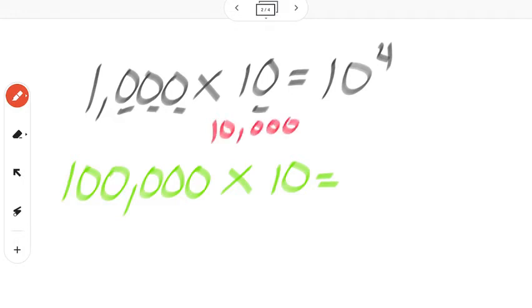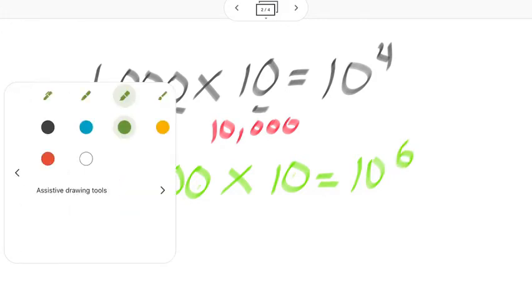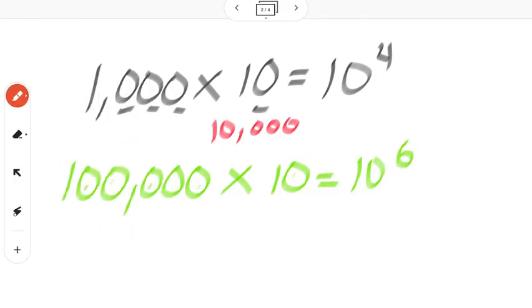But 10 to the power of 4 represents 10,000. Doing the same thing, 100,000 times 10 is the same as 10 to the power of 1, 2, 3, 4, 5, 6, because that's what this will be. 1 million is the answer of 100,000 times 10. We're moving it over one place value just like we did in the first two lessons.